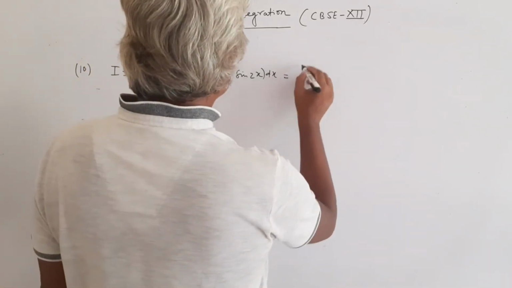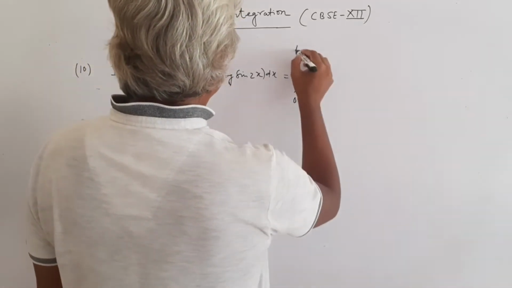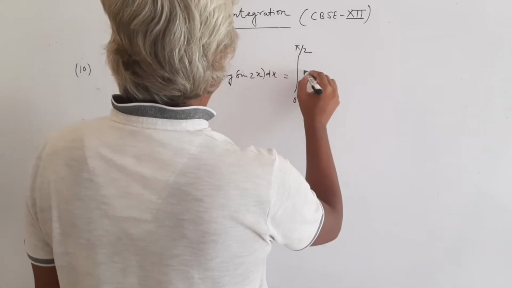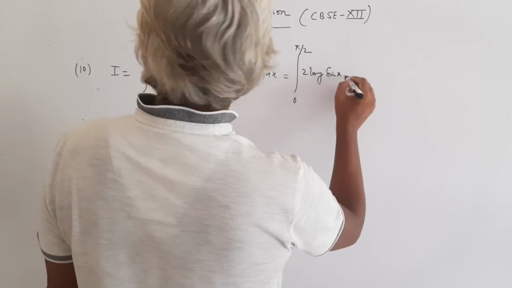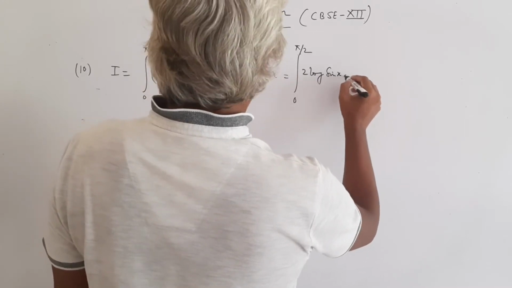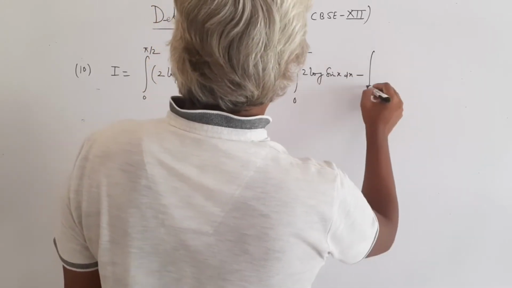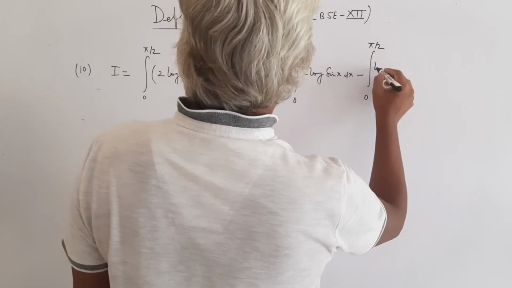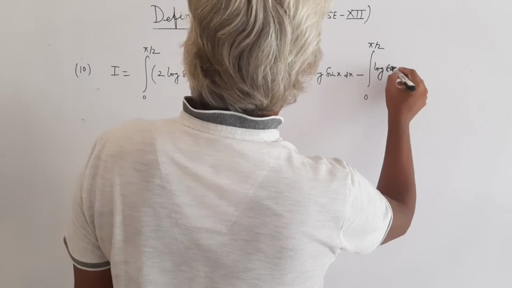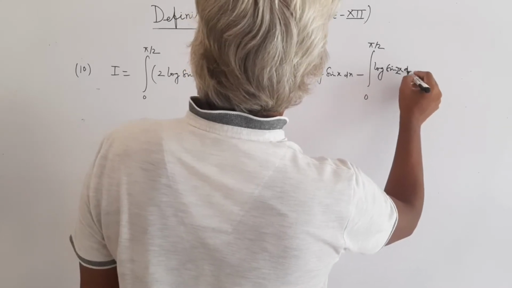So I do this. This is the integral from 0 to pi by 2 of 2 log sin x dx, minus the integral from 0 to pi by 2 of log sin 2x dx.